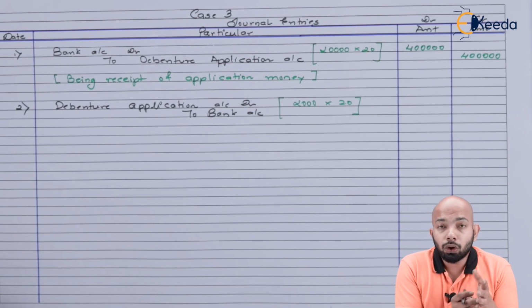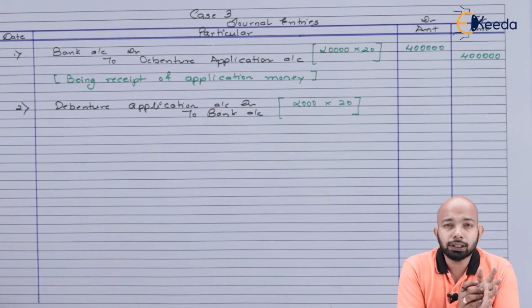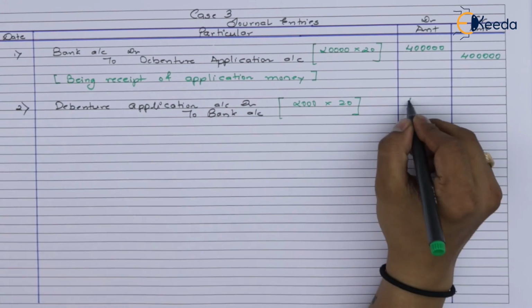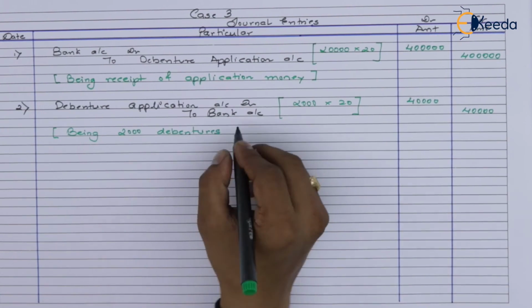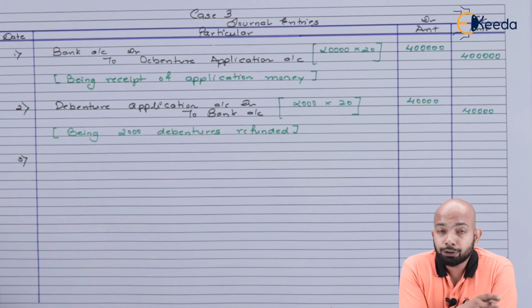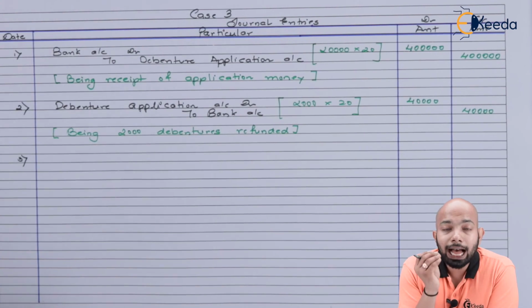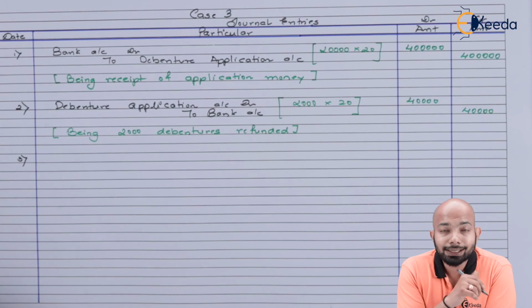So that will be a total of 2,000 debentures multiplied by 20 rupees, which will give you an amount of 40,000. Now, the next entry that we have to pass here is the application money being transferred to debenture capital. Let's start with that.